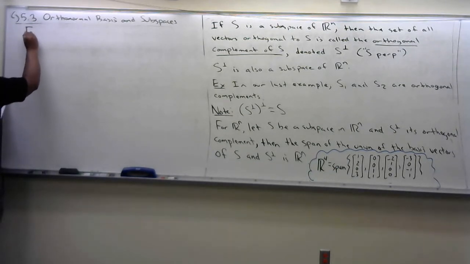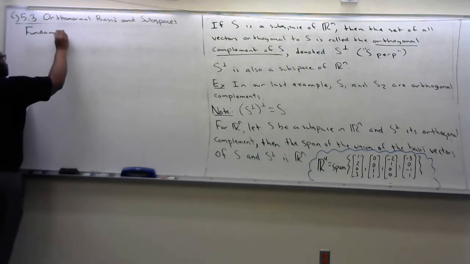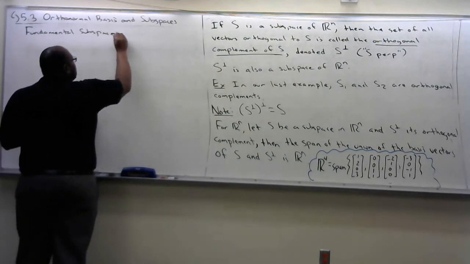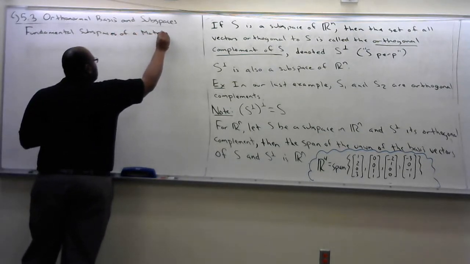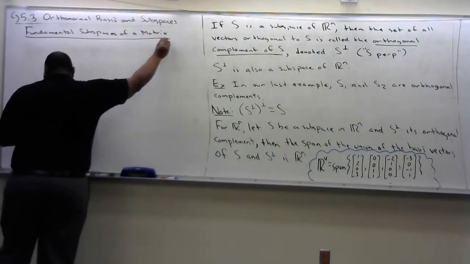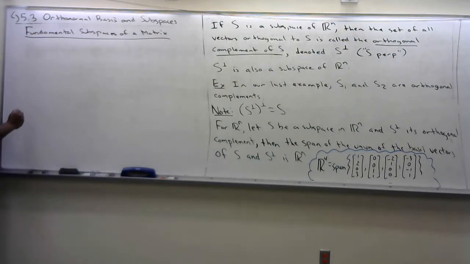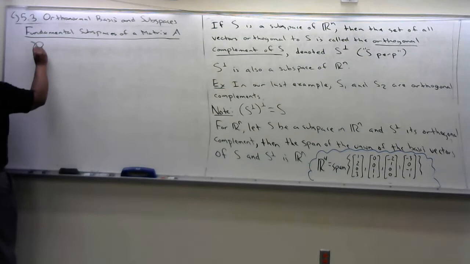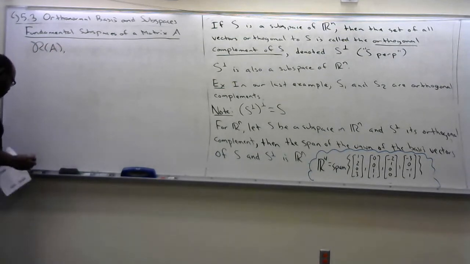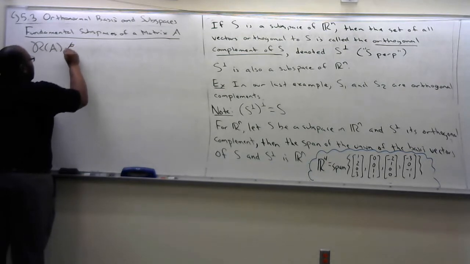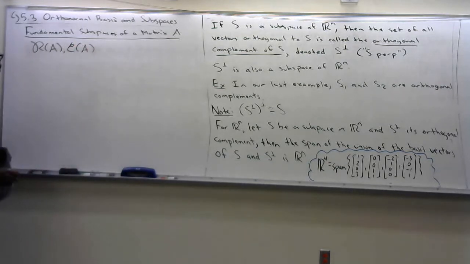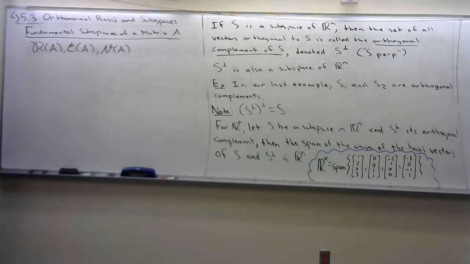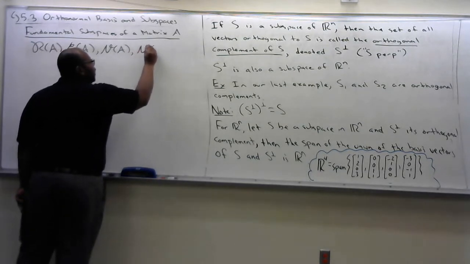The fundamental subspaces of a matrix A are going to be the row space of A, the column space of A, the null space of A. You're like, Dr. Wesley, that's just 3. But we can also do the null space of A transpose.